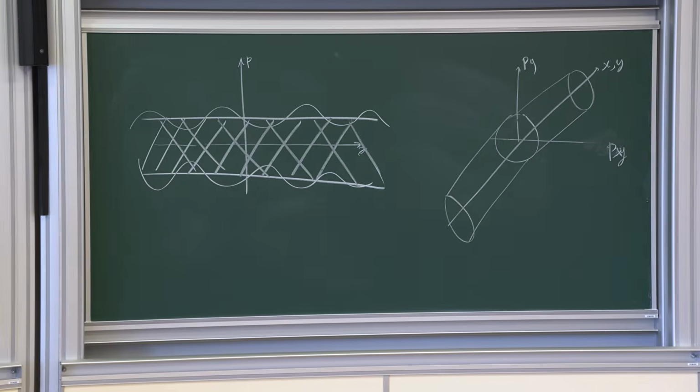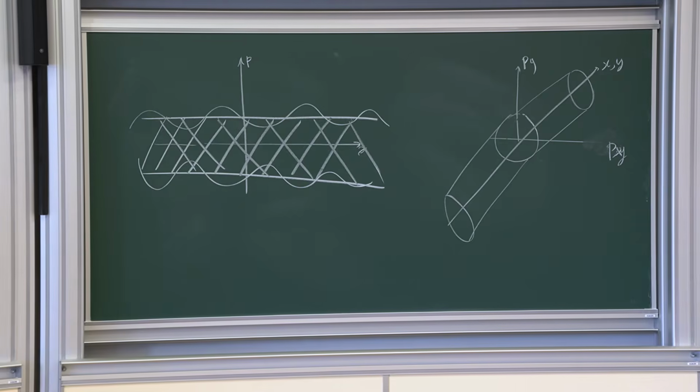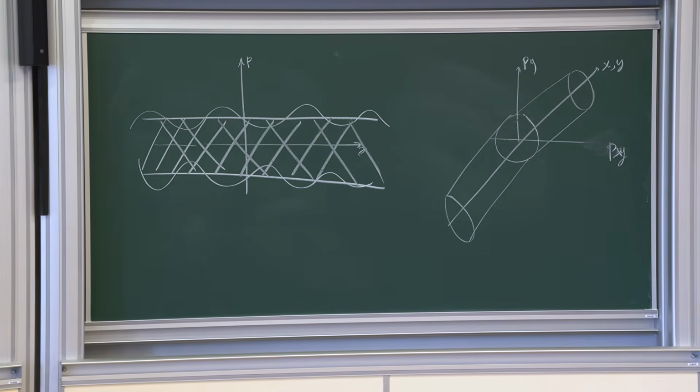Okay, so now I want to list complaints about the Fermi liquid theory that I would like to solve, and most of these complaints are not going to be solved in three lectures, but I think our work included some, though I'm sure it has not solved all these problems.